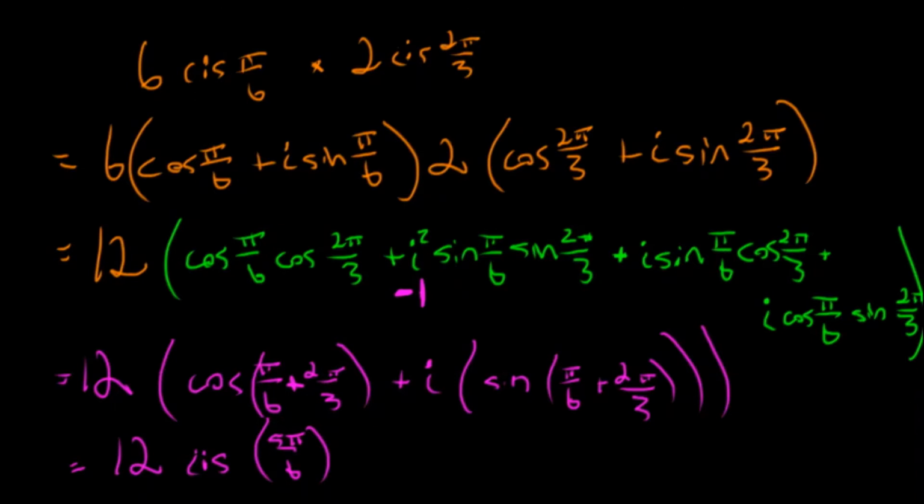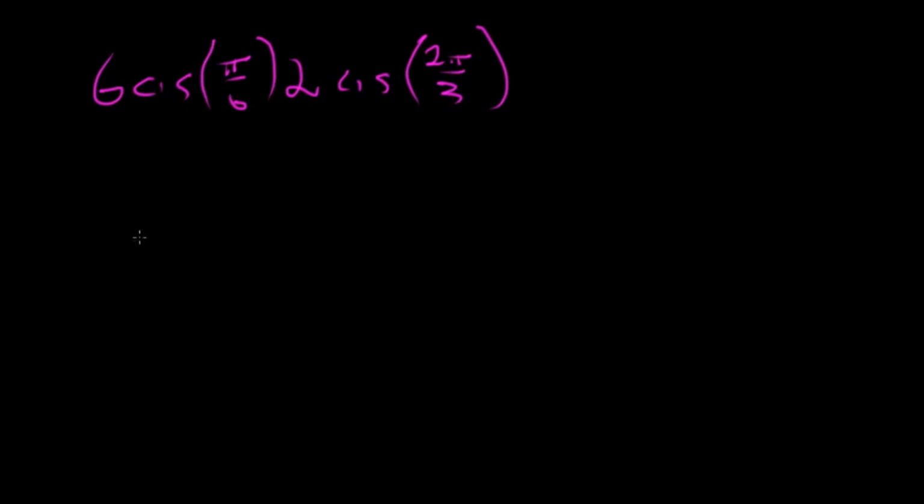We started with 6 cis pi over 6, and we multiplied by 2 cis 2 pi over 3. And this ended up becoming 12 cis 5 pi over 6, or the sum of the two angles.